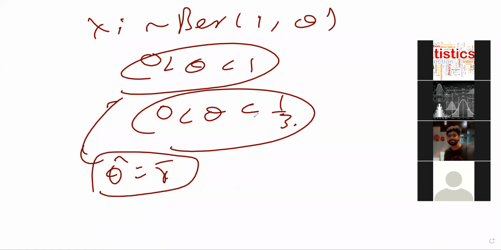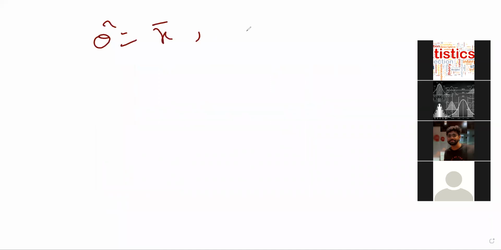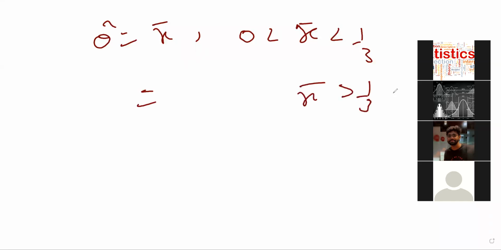Since I already know that theta can only take values from 0 to 1 by 3, theta equals x bar when x bar is between 0 and 1 by 3. If x bar is greater than 1 by 3, I cannot take that, because the parameter is restricted from 0 to 1 by 3, so it will be 1 by 3 only.